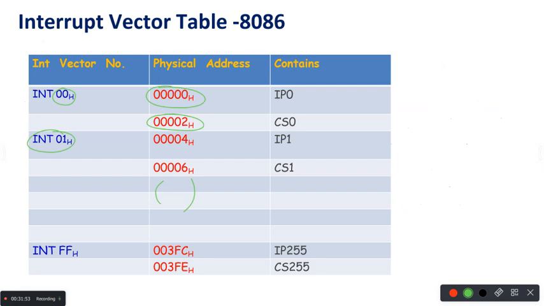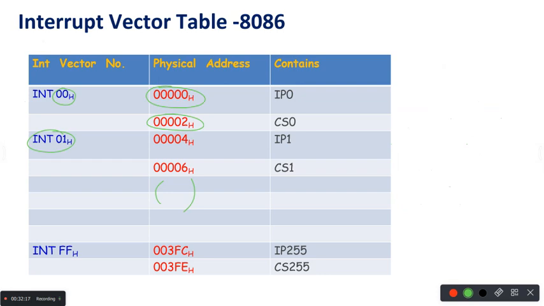Understood this? Whenever you have one code segment and one IP, take one code segment, for example 0002. In that code segment, you can have offsets starting from 0000 to FFFF. 64K possible in that, right?